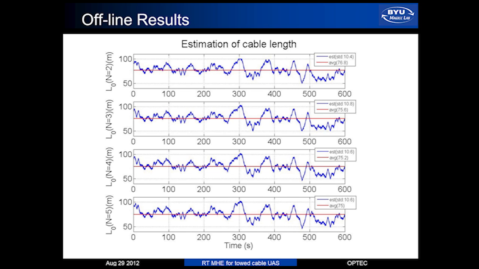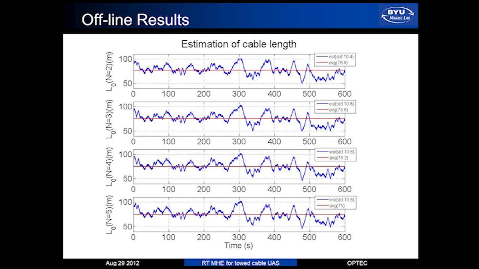In the first figure, we use the model of two links. The blue line is the estimation, and the red line is the average of all the data. In these four figures, we use different numbers of links: 2, 3, 4 and 5.